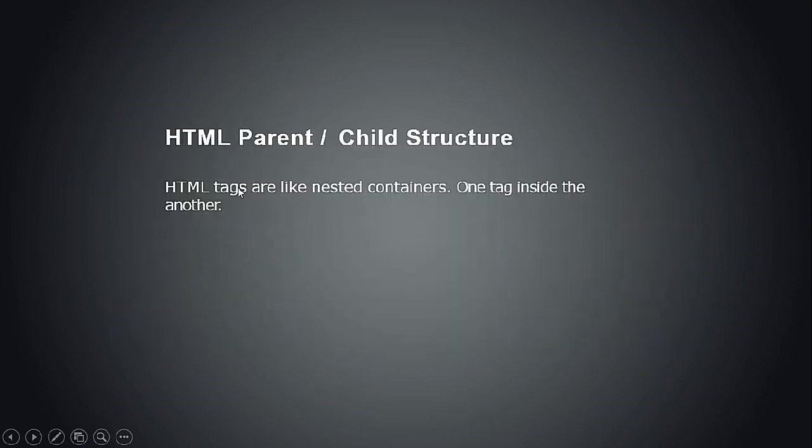Now as I've said before, inside HTML we have different tags, like inside the HTML tag there are head tag, title tag, body tag, which means the nesting structure, like HTML parent and child structure. We will see this in the examples, and if you are confused now you will understand later on.